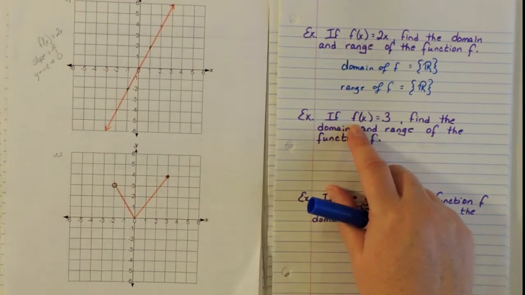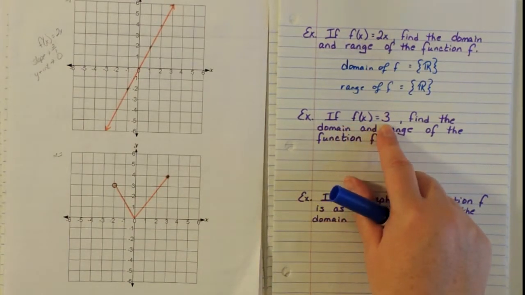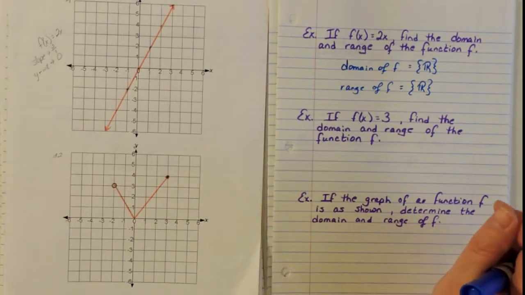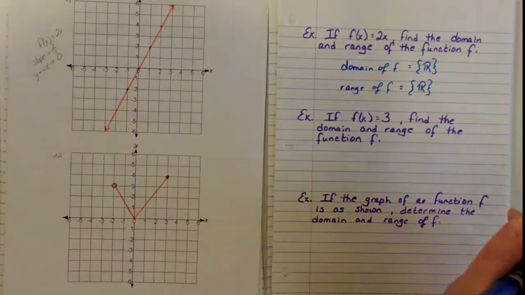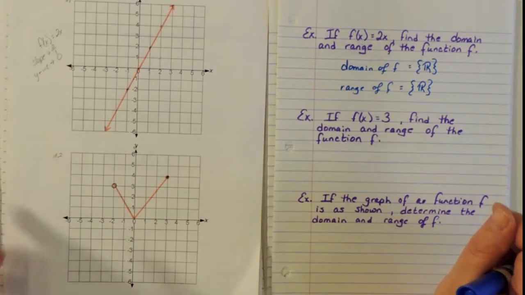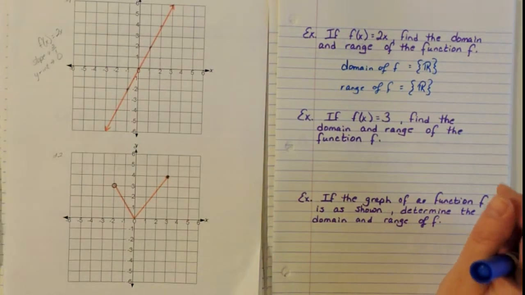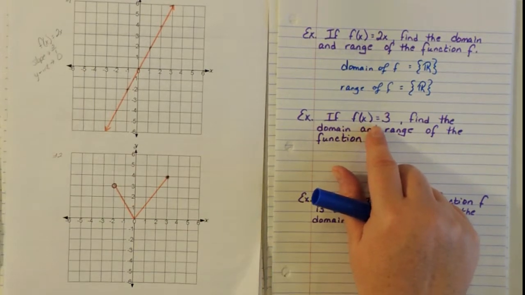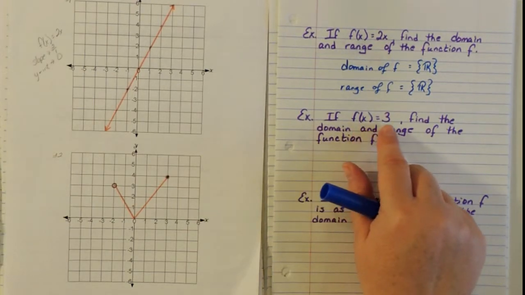Let's look at if f of x equals 3. Find the domain and range of the function. Okay, we can read this as for any real value of x, f of x equals 3. Right?